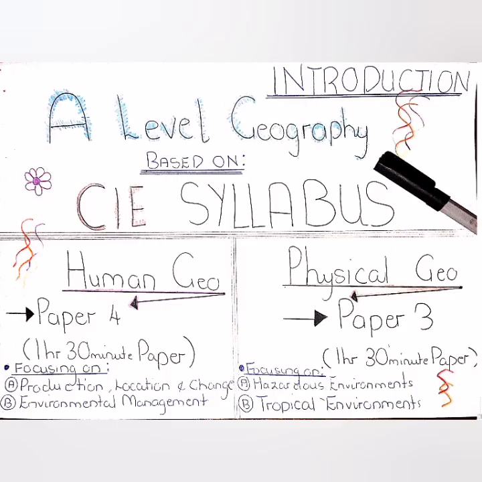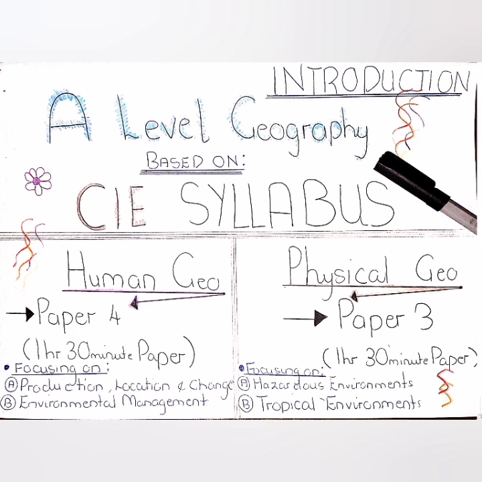Let's get started. So this is an A-level geography page with my main focus being the Cambridge International Examination Board syllabus, which is split into two, the human geo side and the physical geo side. The human geo paper is referred to as paper 4 and is 1 hour 30 minutes long.